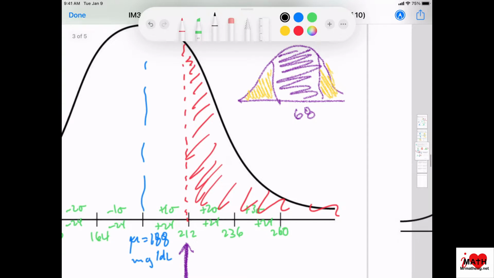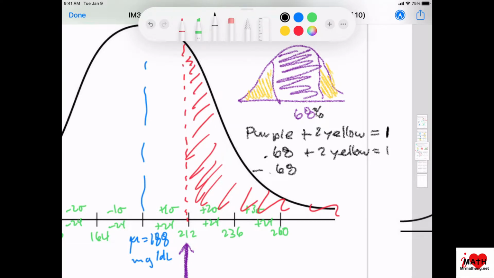Basically, you have purple plus 2 yellows equals 1. That's the area under the curve, 1. And if purple is 68, yellow is like my variable, 0.68, because that's a percent to a decimal, and we just subtract 0.68.